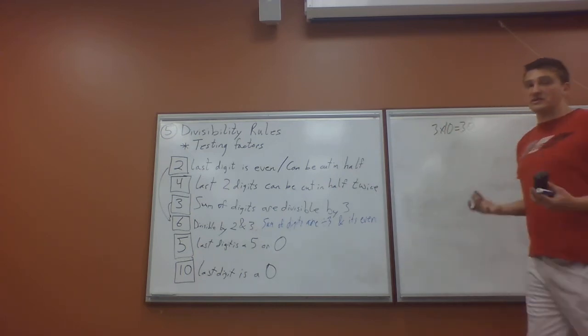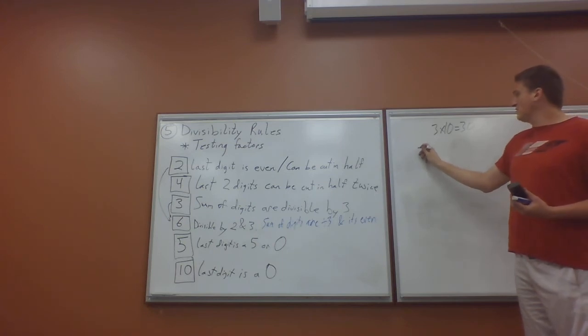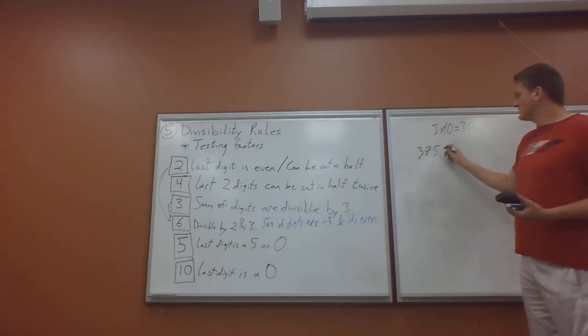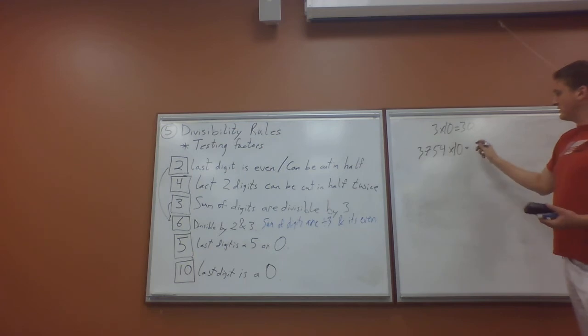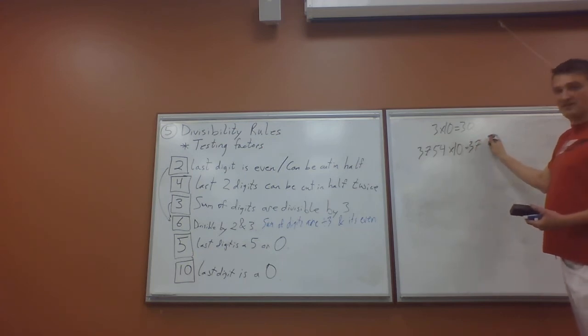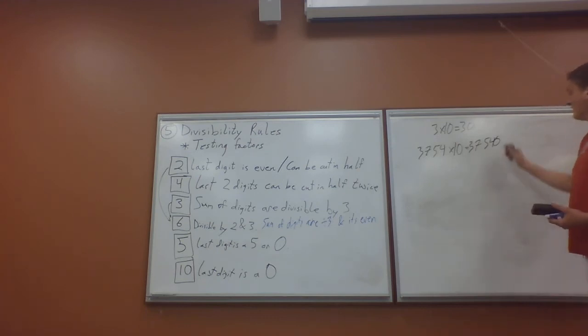Or the easy trick to remember is if we're multiplying any number by 10, like 375 or let's say 3,754, for example, times 10, all you have to do is just add a 0 to the end of it. So that'd be 37,540. That would be the number times 10.